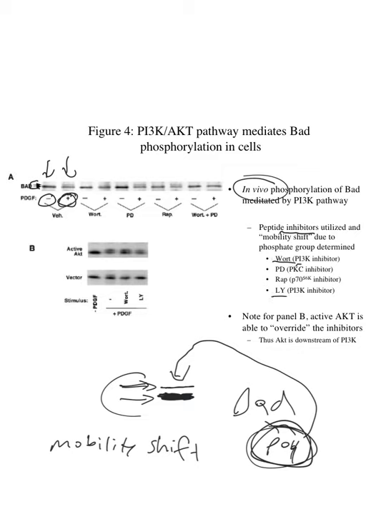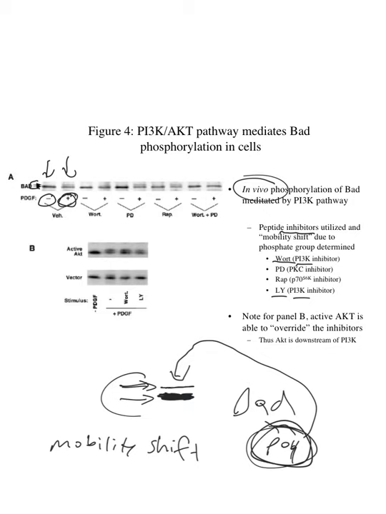These are both PI3 kinase inhibitors. And in their previous figure, I believe figure 1, they showed us that the in vitro kinase assay was impacted by the use of the PI3 kinase inhibitor, and that suggested that PI3K was in the pathway that leads to Bad phosphorylation. Now they're going to show us the same thing, this redundant result, but now in vivo.